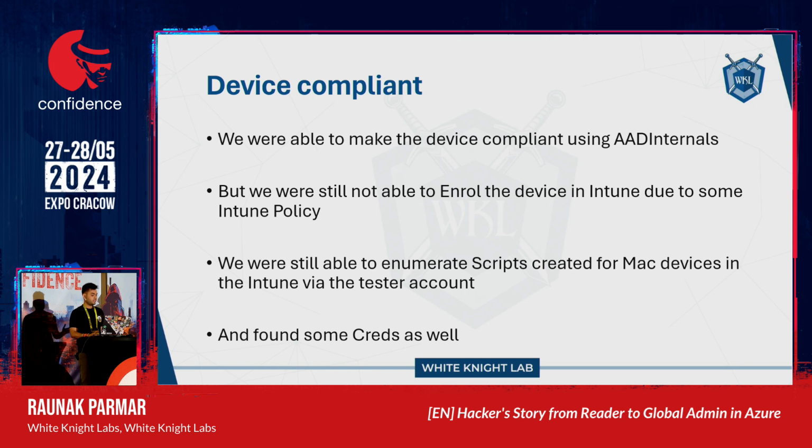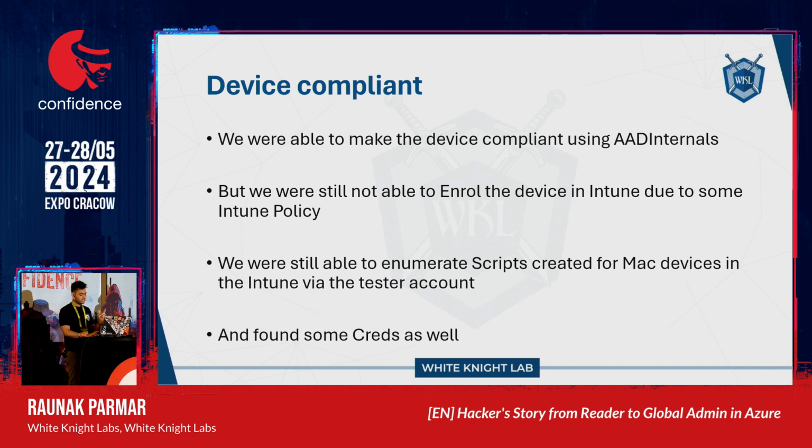Okay, so we were able to make the device compliant using AD internals, but we were not able to enroll the device in Intune due to the Intune policy. We were still able to enumerate scripts. Being a reader role, having a global reader, you can still enumerate all the scripts. Scripts are something in Intune that, as an admin, you can execute within devices like Windows, Macs, and Linux. So like every 1 hour, you can make sure that your employees' devices get that script executed.